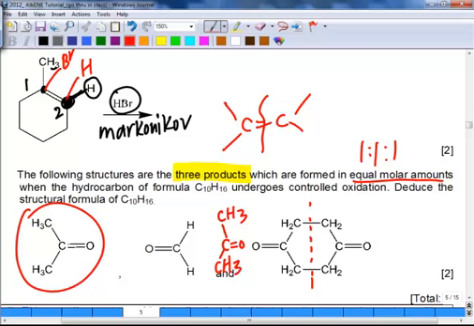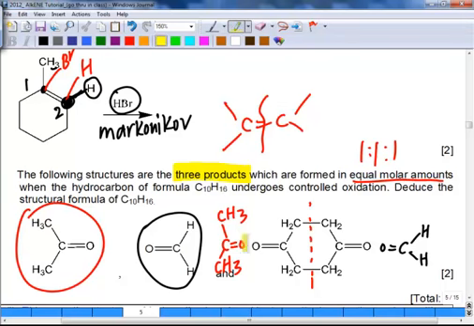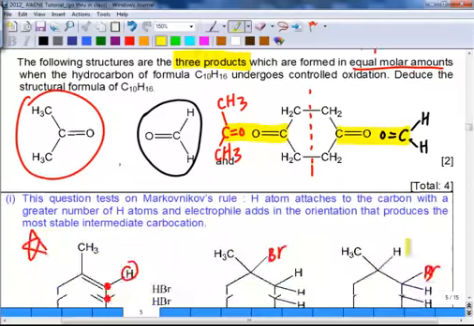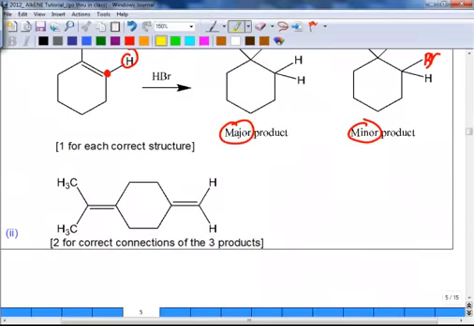Then the other one, you can just put on the other side. Do you agree? Everybody okay? So if you want to combine them, you just remove the oxygen and put them together. So finally, your product should look like this. Everybody got this?